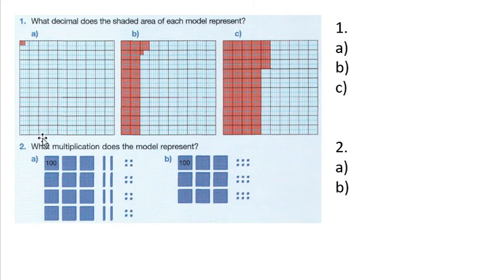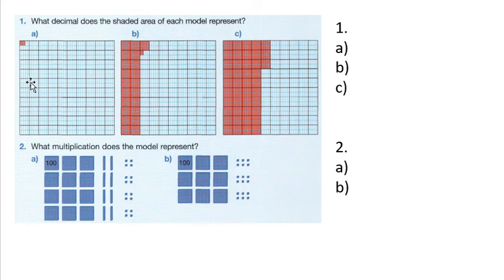So if this entire large cube is a 1, we have to be able now to chop it up and see what the smaller numbers are. So if this is 1, then every one strip like this, horizontal or vertical, would be 1/10, because we can fit 10 of these strips into this gigantic structure here, which is the 1.